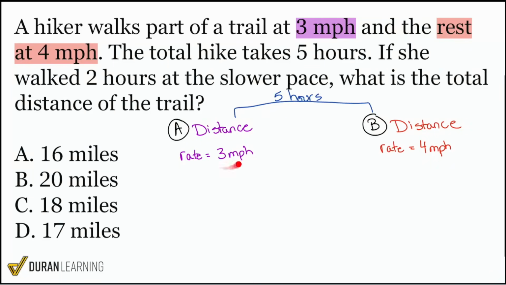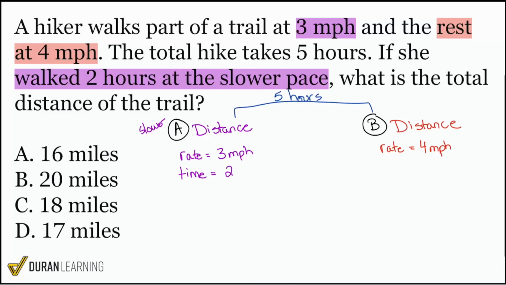So for sure, this is the slower one, so I'll go ahead and mark this as slower. And we see here that it says she walked 2 hours at the slower pace. So I'm going to say right here, my time equals 2 hours.